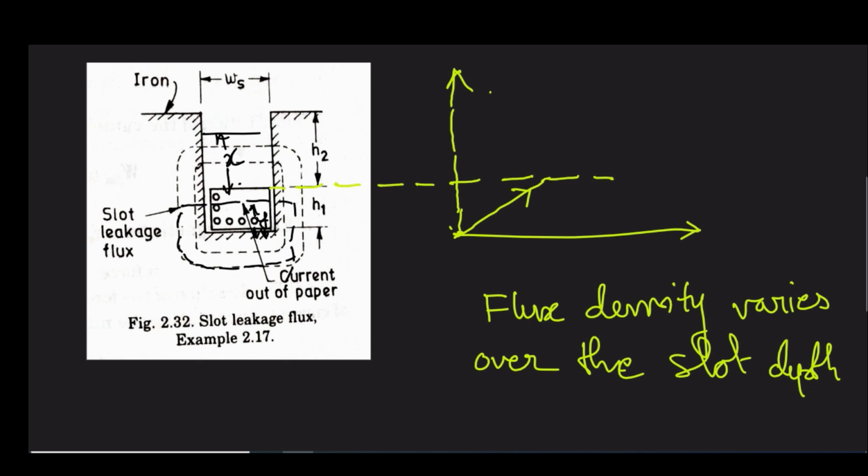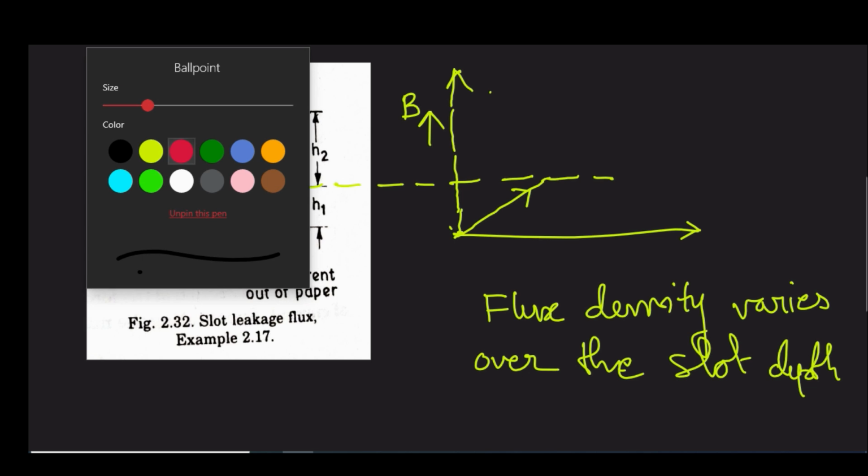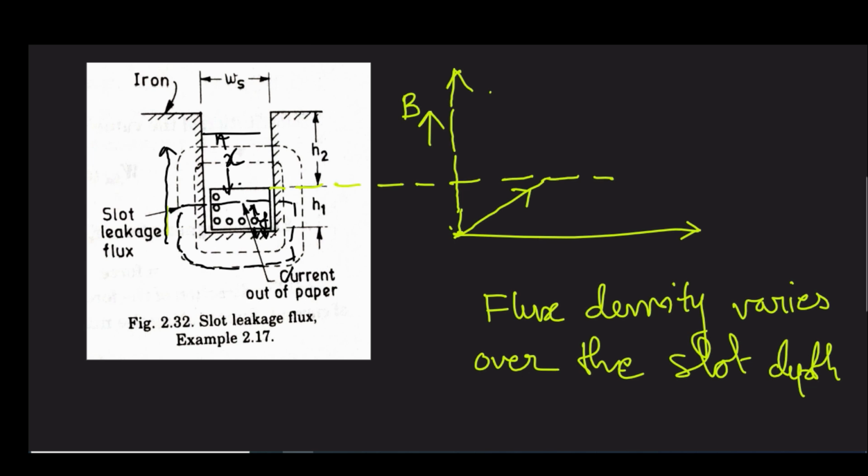The whole thing here in this way, I am plotting B, and in this axis I am plotting the distance as I move out in this direction. If this is denoted by h, here it is h, and it will vary in a linear manner as long as we are having h here.